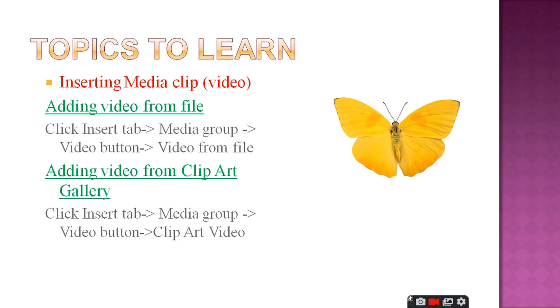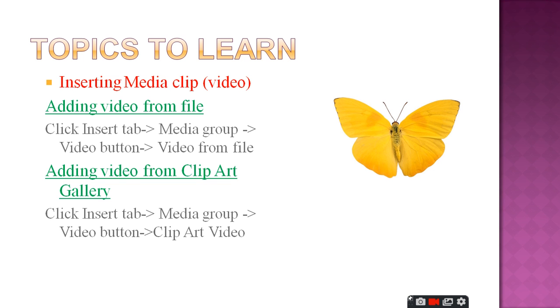You can add media clips also. Media clips means video or audio. Both can be inserted. First we will discuss how to insert a video clip to the presentation, adding video from file. Sometimes text is insufficient to convey some information.